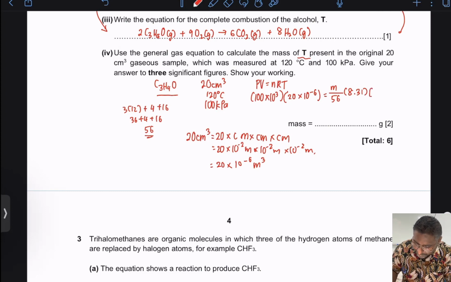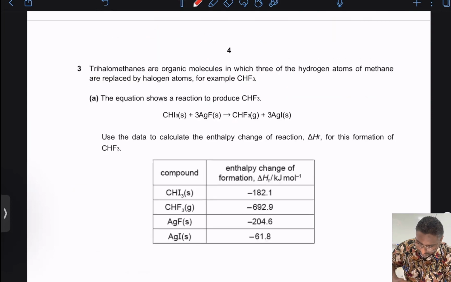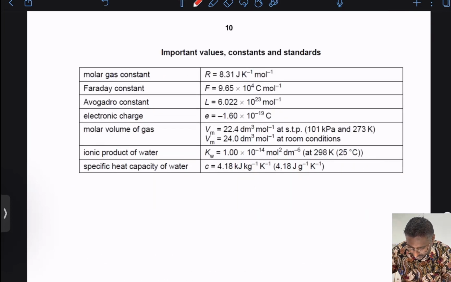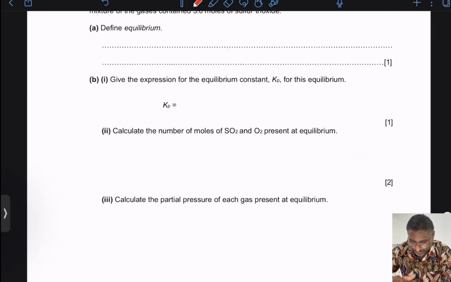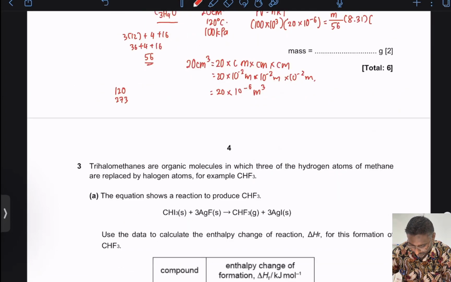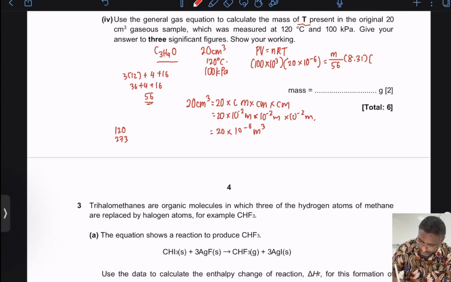Temperature must be in Kelvin, please remember, 120 plus 273. All this information will be given. 8.31 is given, and then you need to add 273. So you get 393.